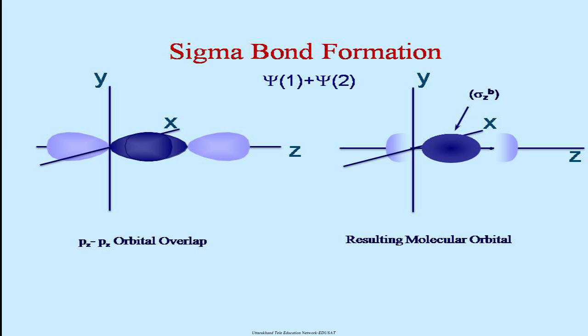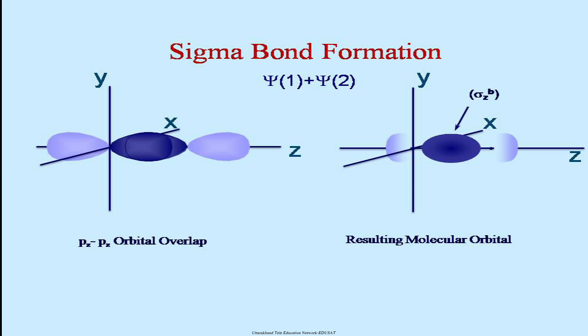The same sign or positive values combine or overlap to give rise to the bonding. The necessary condition for sigma bond formation is that the orbitals should overlap in a head-to-head fashion. This head-to-head overlapping will give rise to the bond formation.